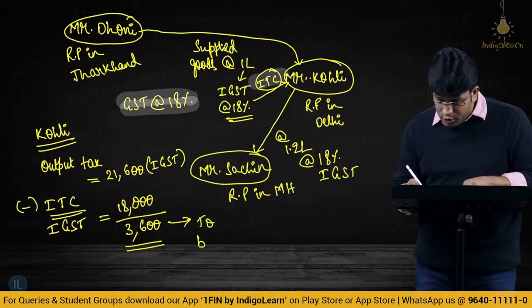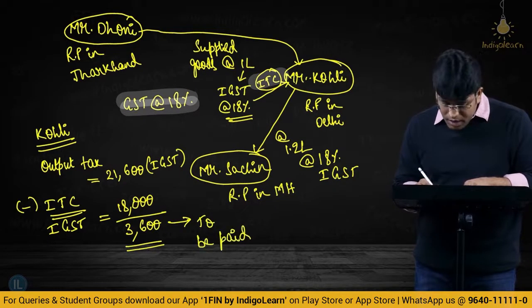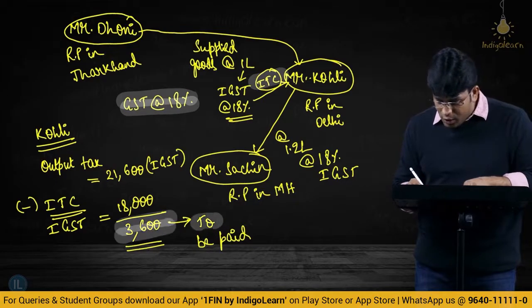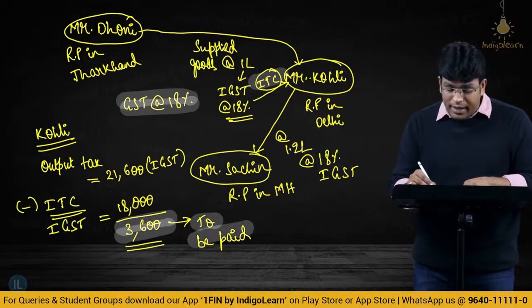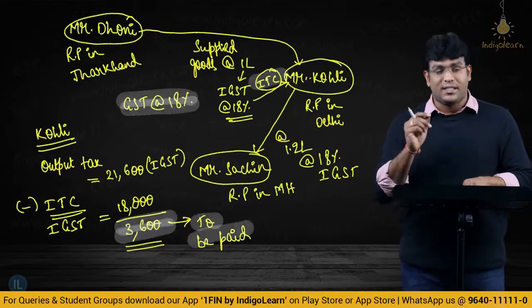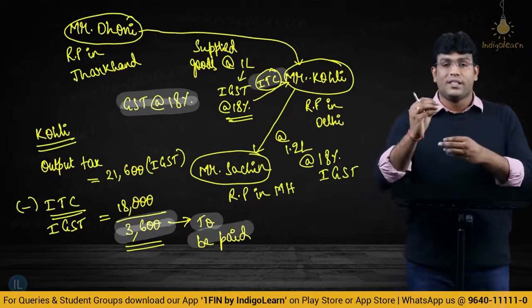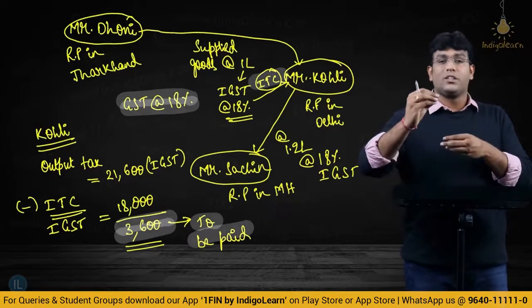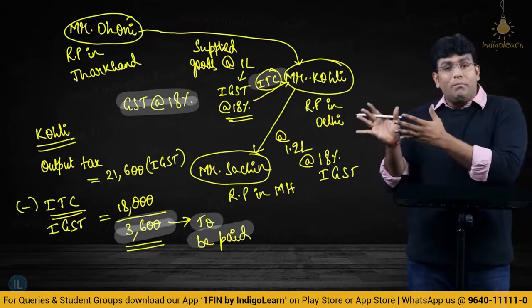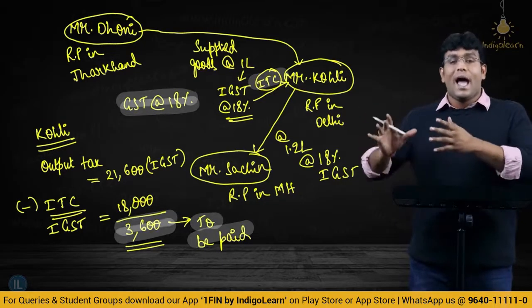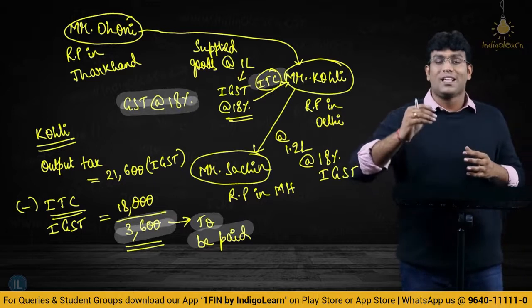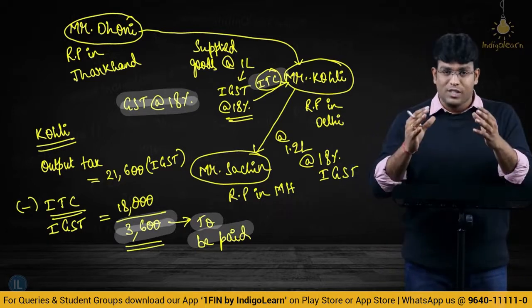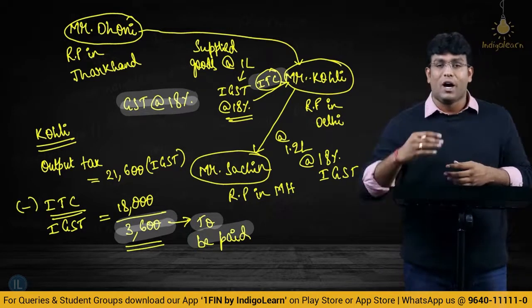This is to be paid by whom, sir? By Mr. Kohli. This 18,000 is taken as credit. 21,600 is the output tax. From 21,600 we will reduce the input tax credit of 18,000 and pay the balance amount of 3,600. That is the mechanism of credit.